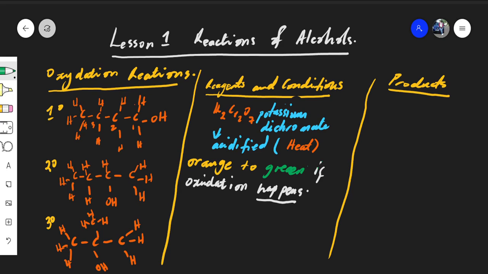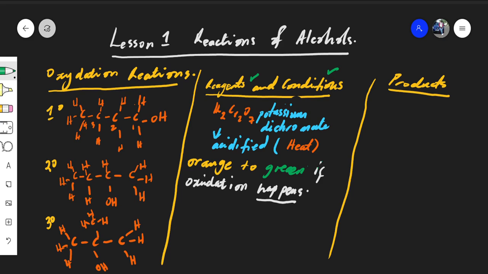Obviously because it is an oxidation reaction, you need to have an oxidizing agent, and you need to know what the conditions for this reaction are.